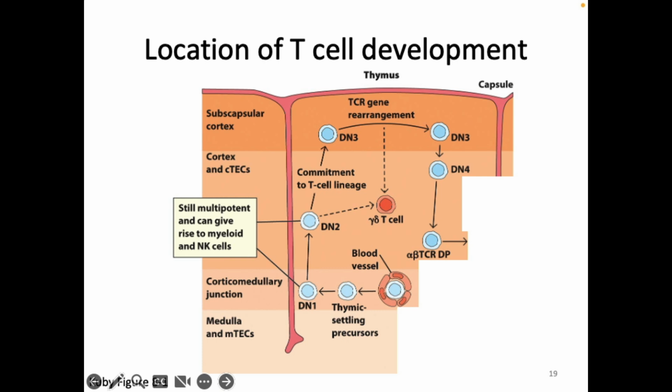Now I want you to think for a second about a couple of stages that we've talked about. When I told you about those DN3 cells, DN3 to DN4 cells, one of the things I told you was happening in that DN3, DN4 pre-T cell is that the cell is going to proliferate.